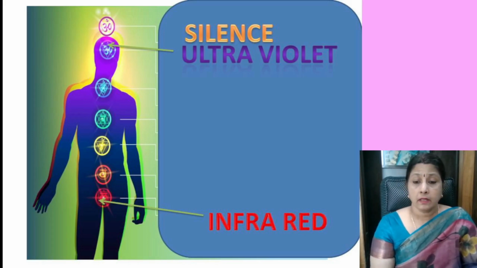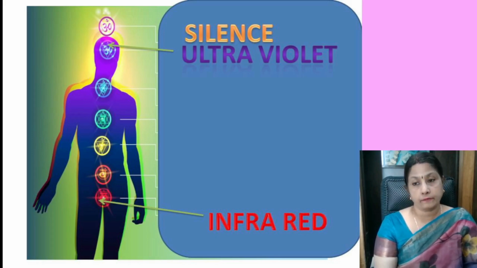So, in a way, these ultraviolet rays are very important to transmute a lot of lower energies within us into higher knowledge. And that knowledge is what you take with you when you leave, when you move into higher dimensions.